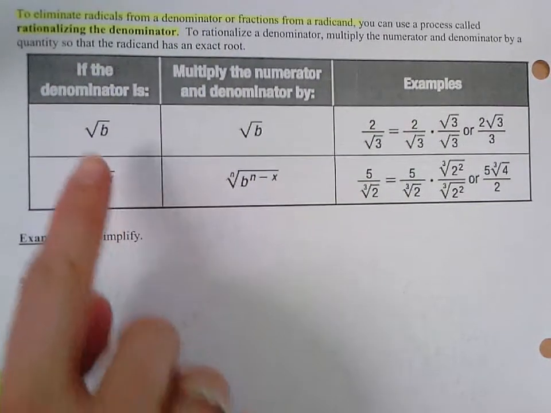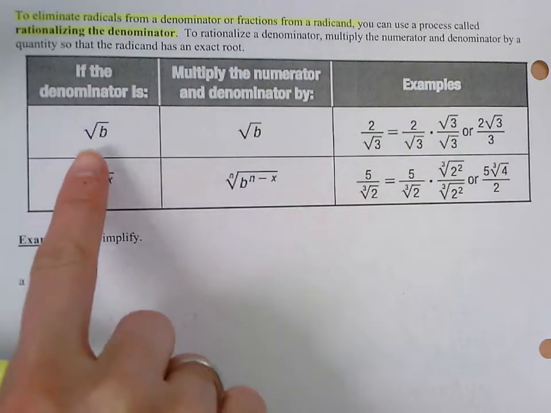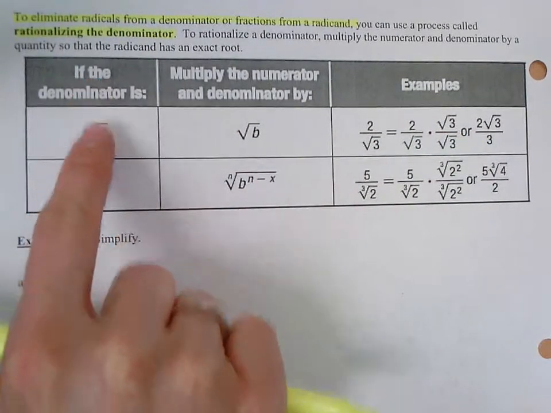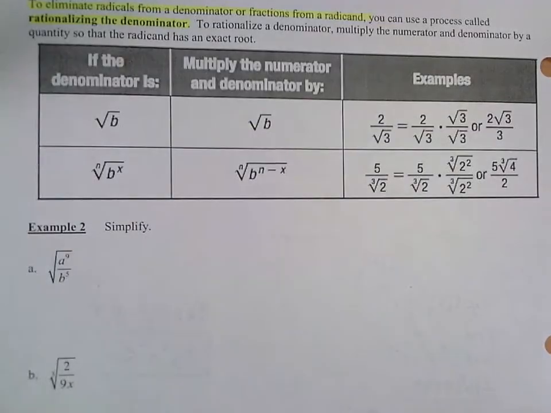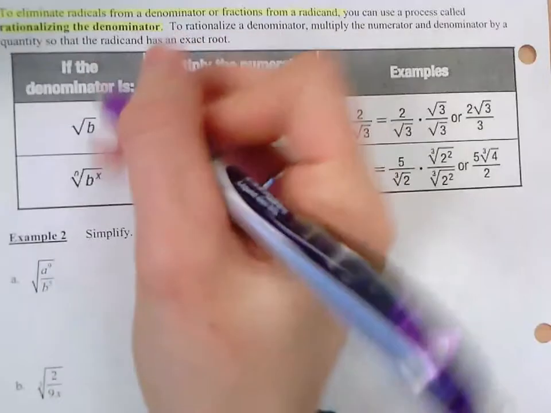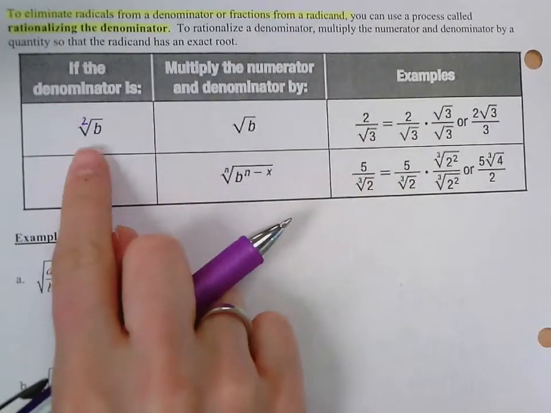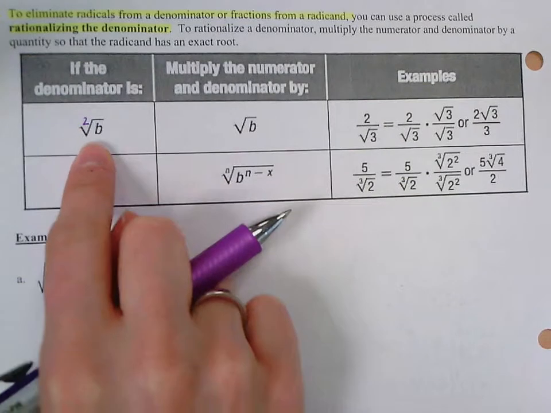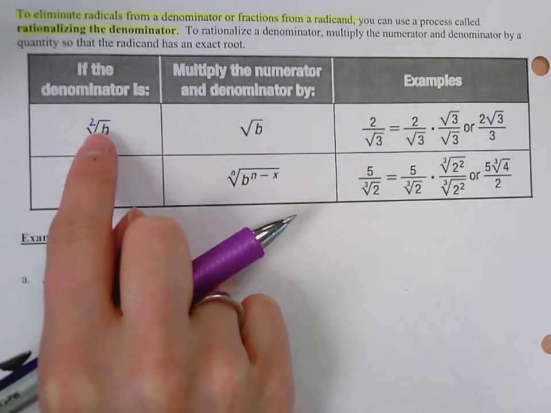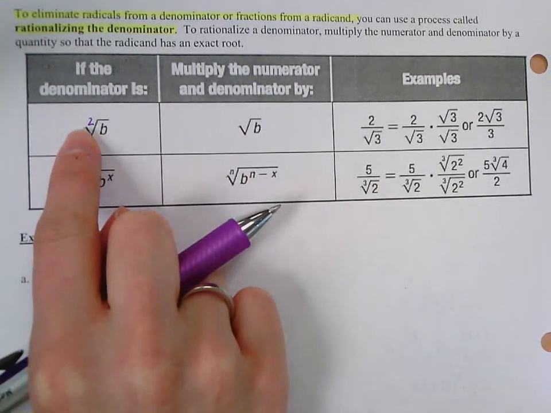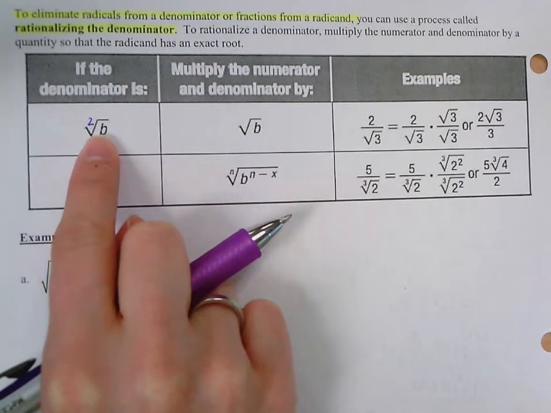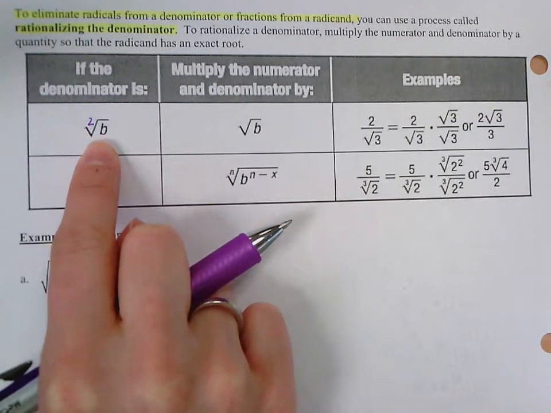So what this is showing is, in the first row, the denominator is specifically the square root of something. In order for the square root to cancel out, I want the b that's here to be a b squared.